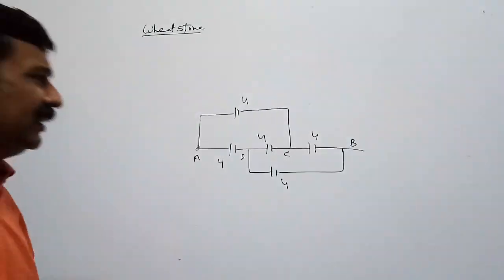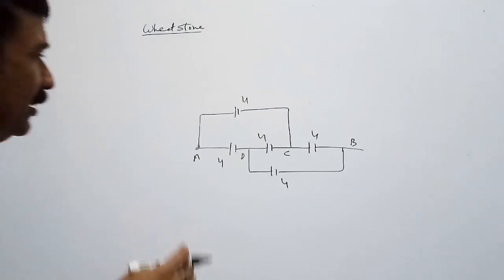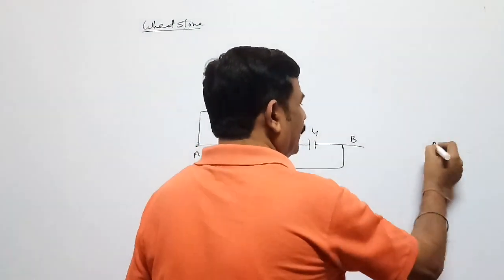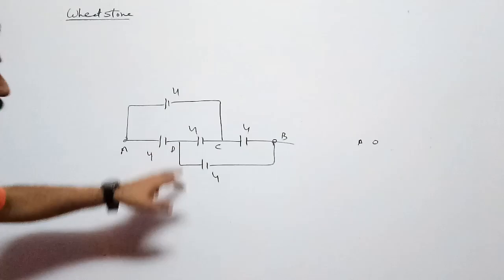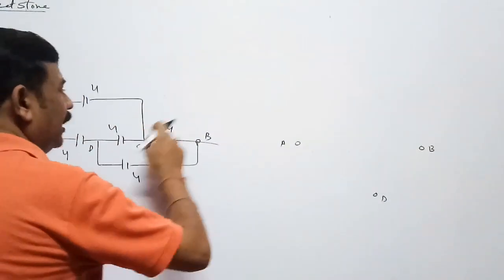By saying this, we cannot say that they are forming a Wheatstone bridge, but there will be a little change in the figure. See here, assume this point as A and this point B here. Assume this point D at the bottom and this point C at the top.